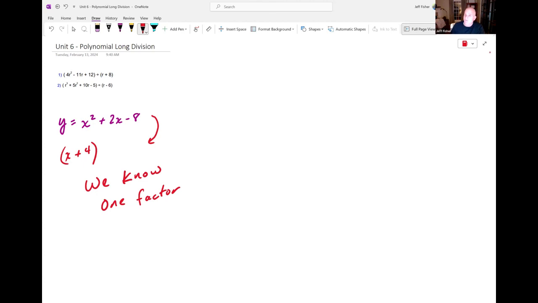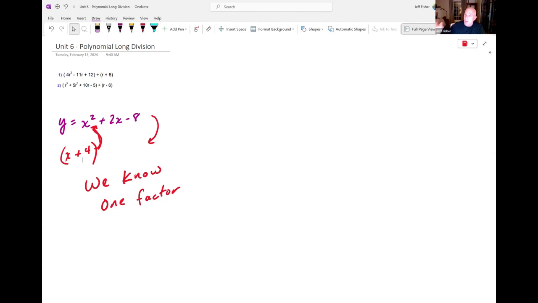Then we could actually find the other factor by dividing this into this, right? Because division is the opposite of multiplication. So if we multiply by x minus 2, then if we divide it into here, we should get x minus 2 out as a result.